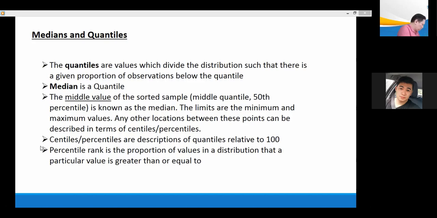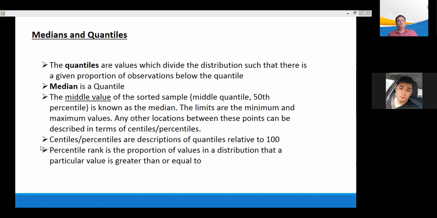Centiles or percentiles are descriptions of quantiles relative to 100. So the 75th percentile, upper quartile, is 75%, or 3/4 of the way up an ascending list of sorted values of the sample. The 25th percentile, or lower quartile, is 1/4 of the way up this rank order.